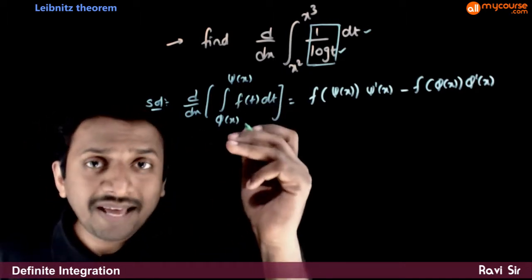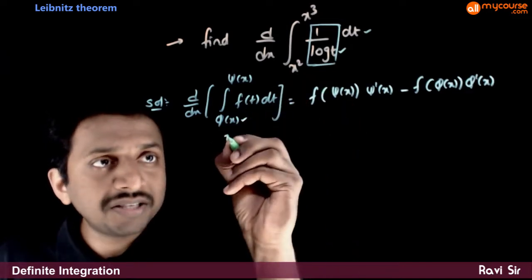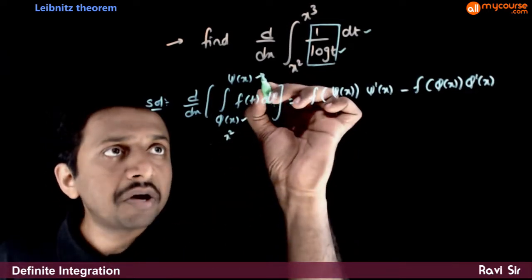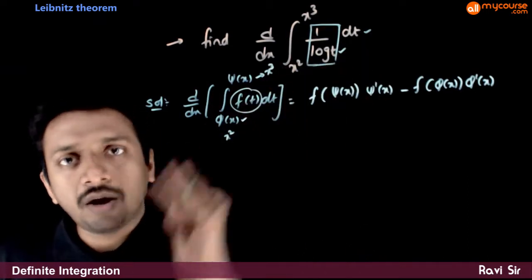So if you apply this formula in this question, this phi of x on comparison is x squared, this xi of x on comparison is x cubed, this f of t is nothing but 1 by log t.